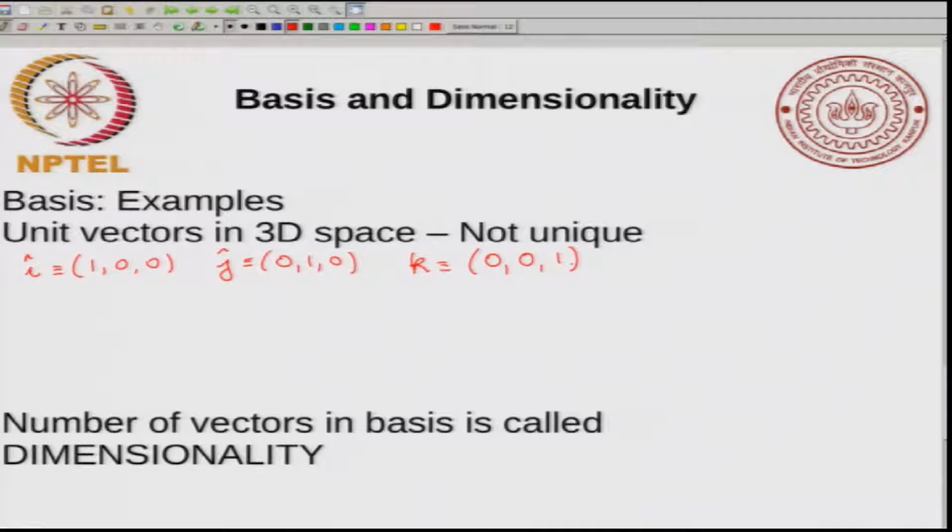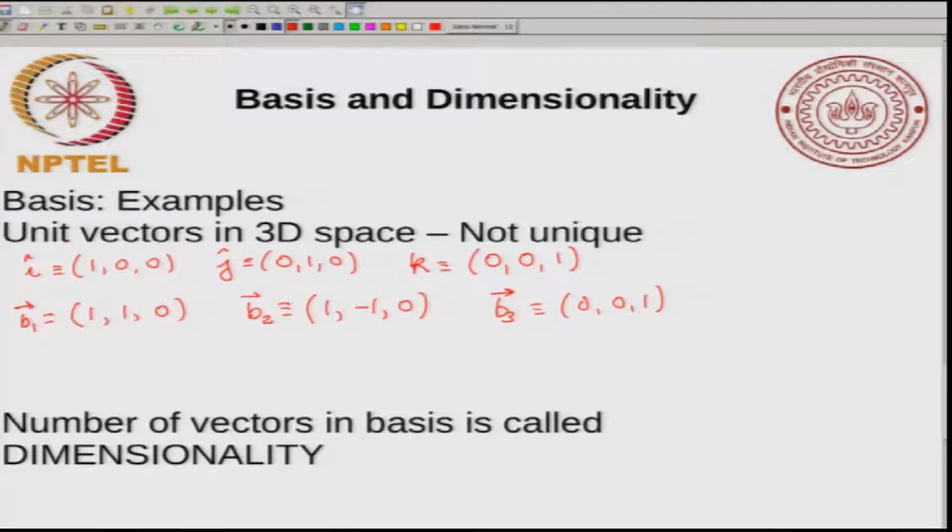And what is important is that these are not unique. These are not the only bases that you can have; there are other bases also. So, for example, you can have a vector, let us say b1 equal to 1 1 0, b2 equal to 1 minus 1 0, and b3 equal to 0 0 1.